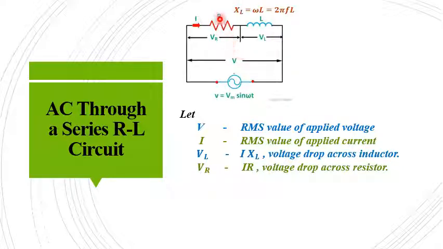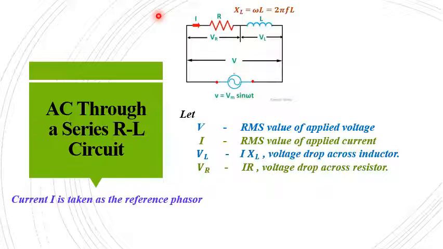Current through R is the same as the current through L, which is equal to I. So the current is taken as the reference phasor. The reference phasor is always drawn horizontal. So first of all, we can draw the current phasor just like this. So this is your current phasor.